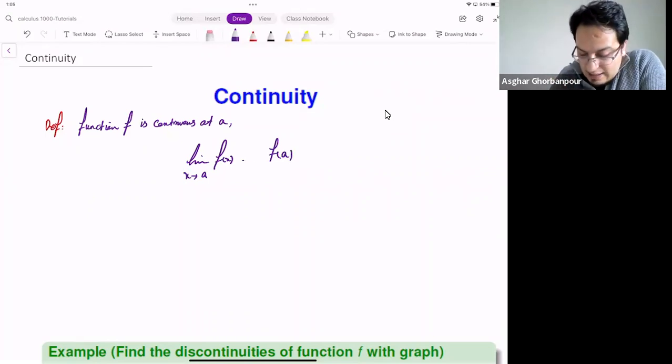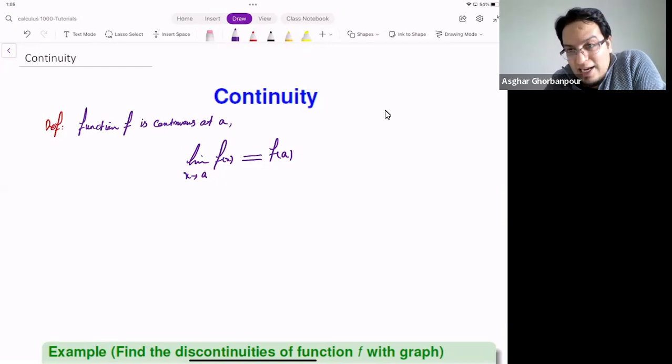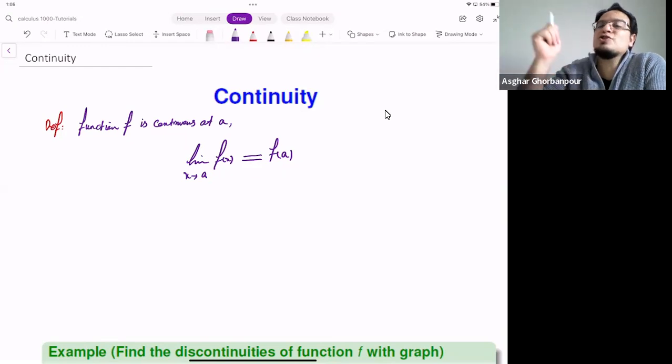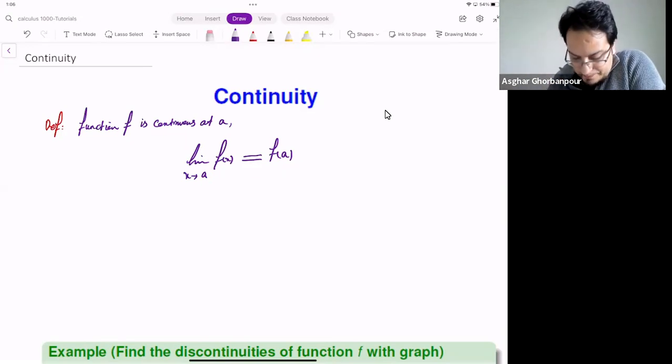Continuity means that these two are the same thing. Finding the limit and evaluating the function are the same thing when the function is continuous. And you see, without continuity, there is no reason that the value of the function is equal to the limit. This is a stronger condition than just having a limit.